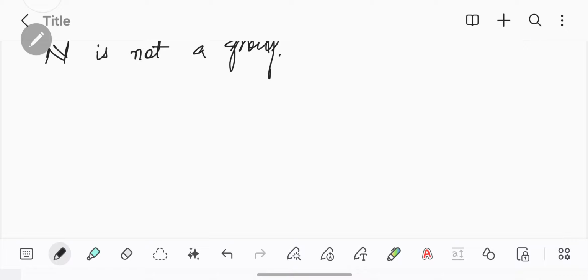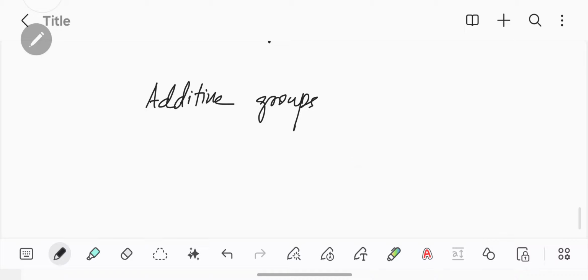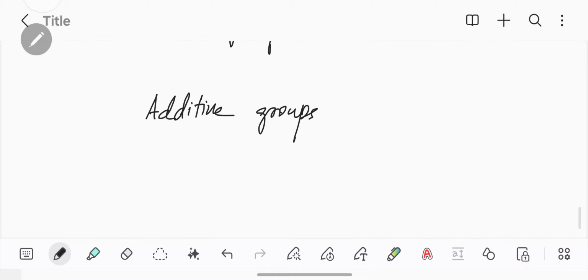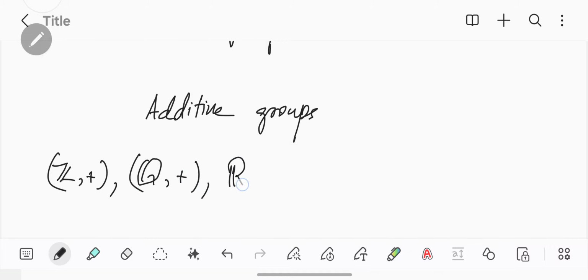Previously I have given you some examples of additive groups. I am going to recall those examples. All the examples which we discussed previously for additive groups are commutative additive groups. The first one is Z with respect to addition, then Q with respect to addition, and R with respect to addition, and then the set of complex numbers which we have already studied in the previous chapter.